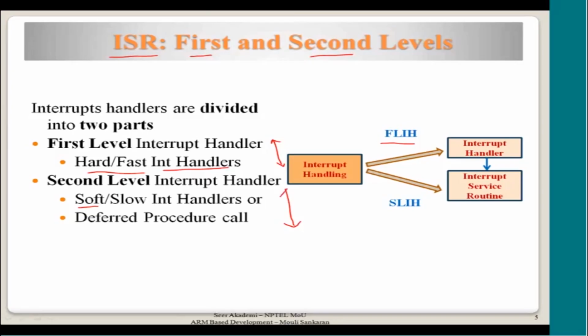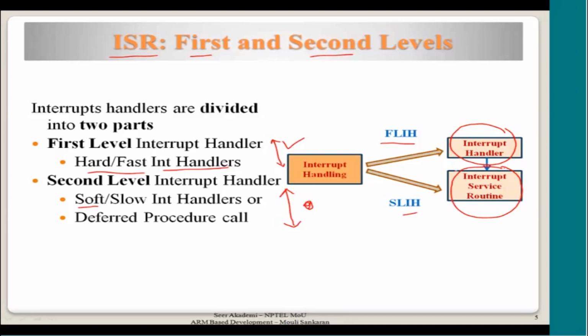It is not very time critical. So basically the interrupt handling is divided based on these two functions, and we put the most critical things into the first level handling, and the remaining processing which can accept some delay could be put into the interrupt service routine, which is the second level.